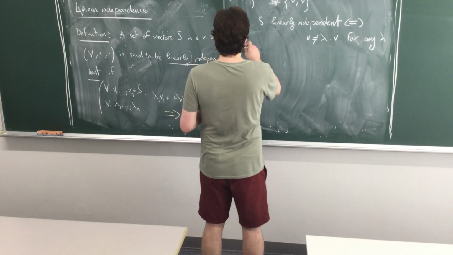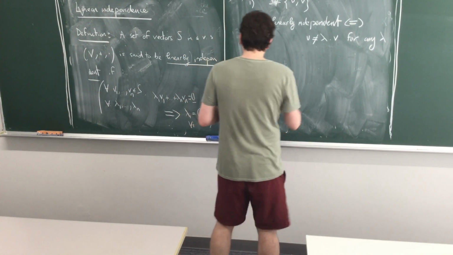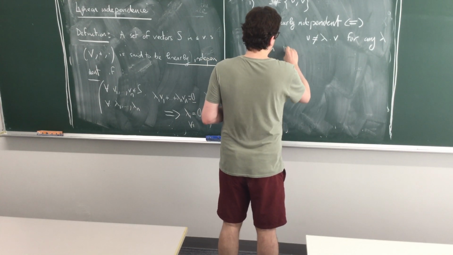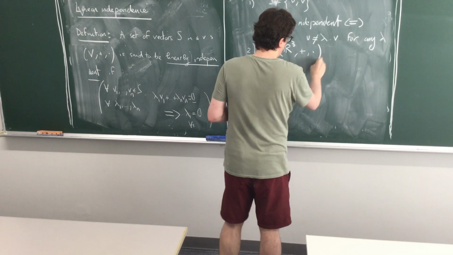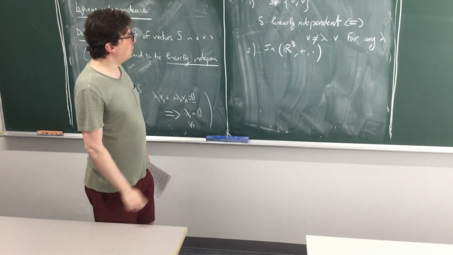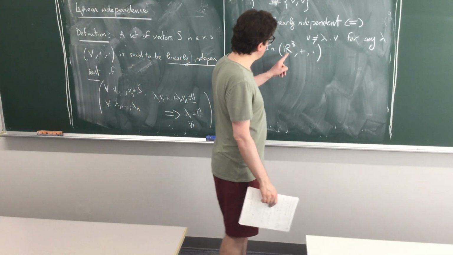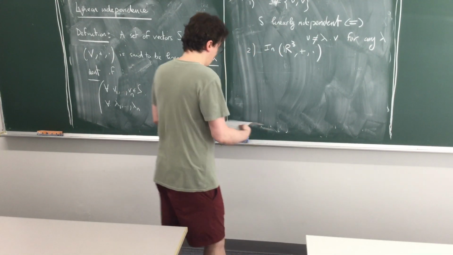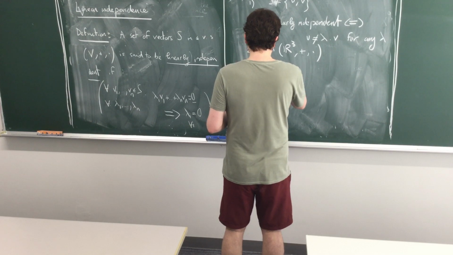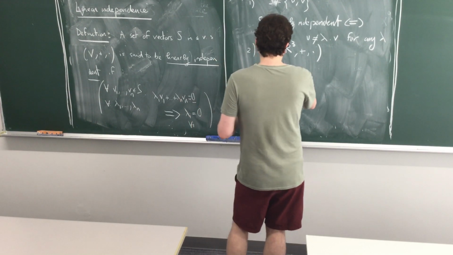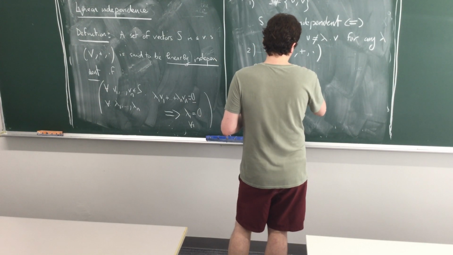And another example, in R^3. If you take V to be the set of triples of real numbers, then consider the following set: E1, E2, E3.